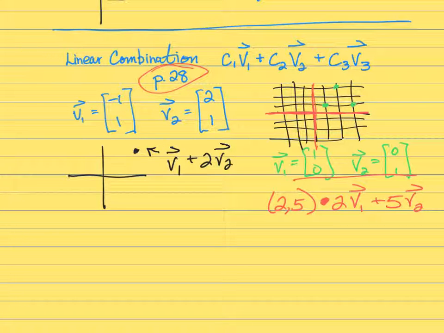So in other words, here's what v sub 1 looks like, that's v sub 1. V sub 2 looks like this. And so if you take a v sub 1 plus 2 v sub 2s, you're probably more up in this range, right?